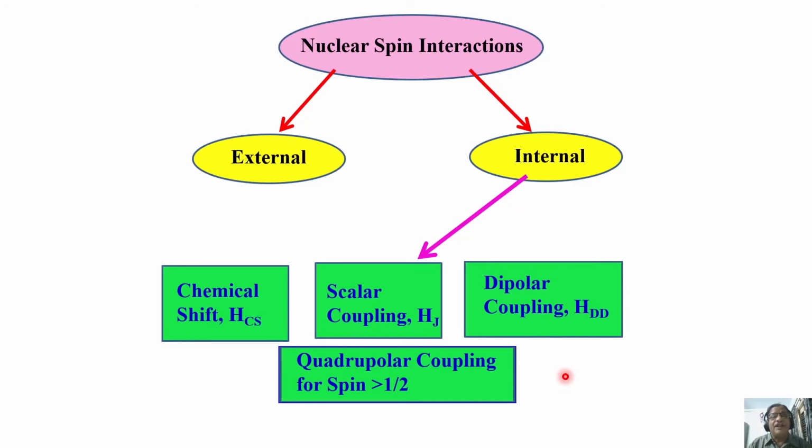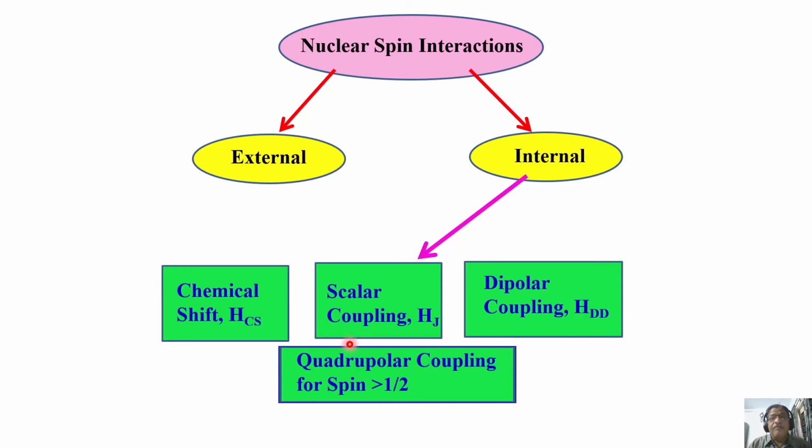We calculated that in one of the classes. Take deuterium, the spin is 1. And such nuclei, I told you, are quadrupolar nuclei. That type of nuclei, whose spin is greater than half, can have an internal interaction which is called quadrupolar coupling.